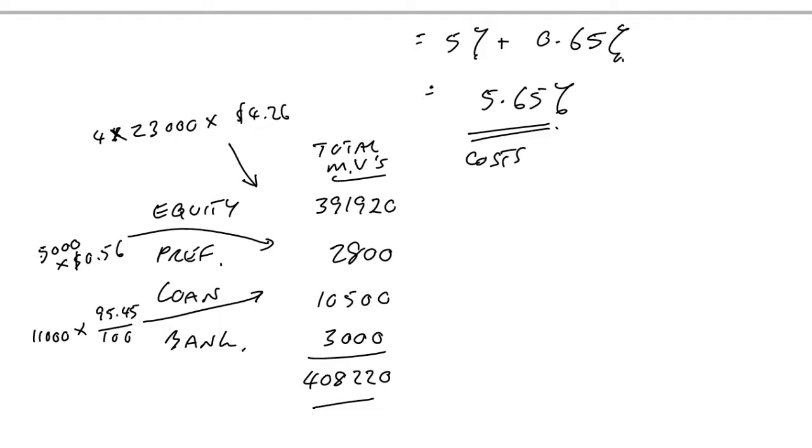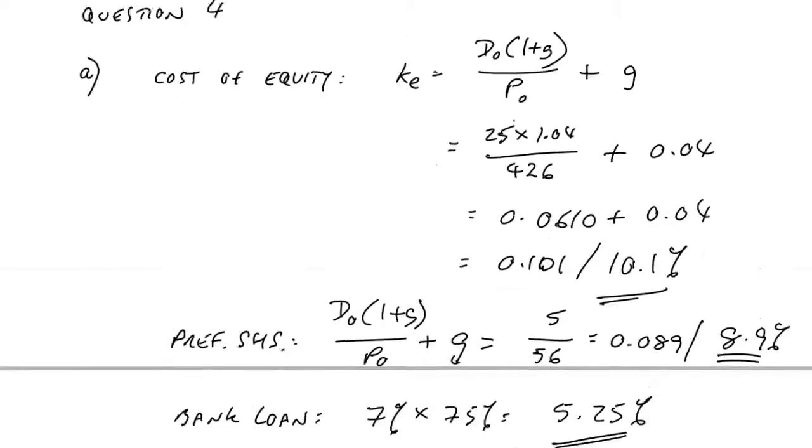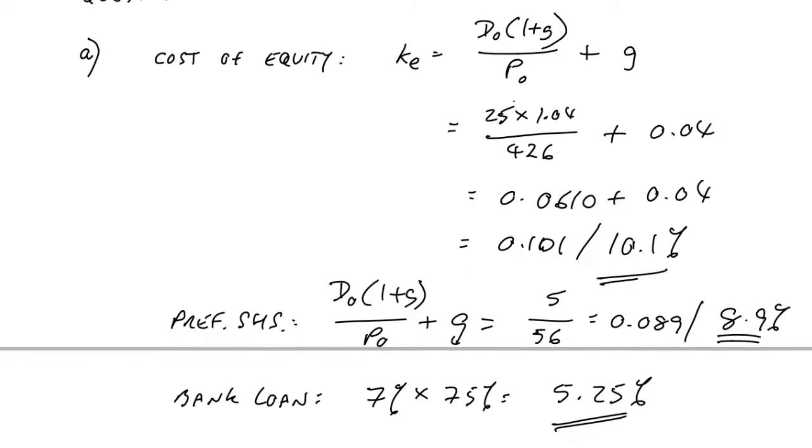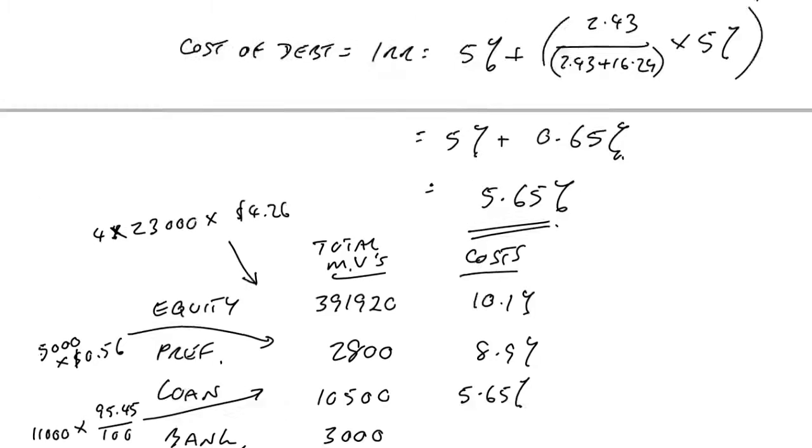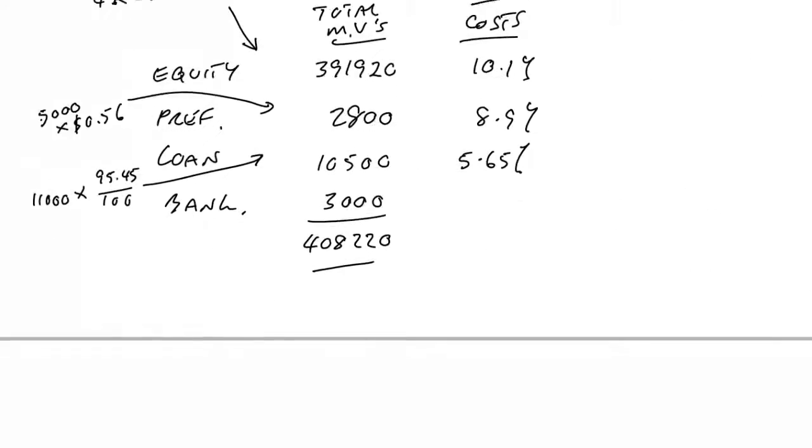What are the costs of each individually? Well, as you can see there, the loan notes were 5.65%. Equity was 10.1, preference 8.9. And finally, the bank, I wrote that down, 5.25.